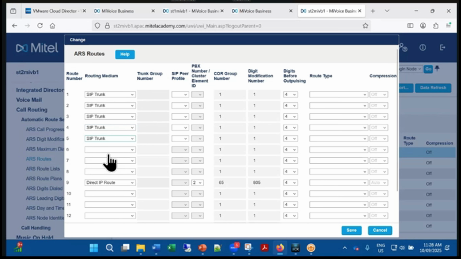I need 7 of these. All going out in this lab on the same peer profile. I need 7. They all belong to a different group number and make it the same as the root number. That is what I have in my table.